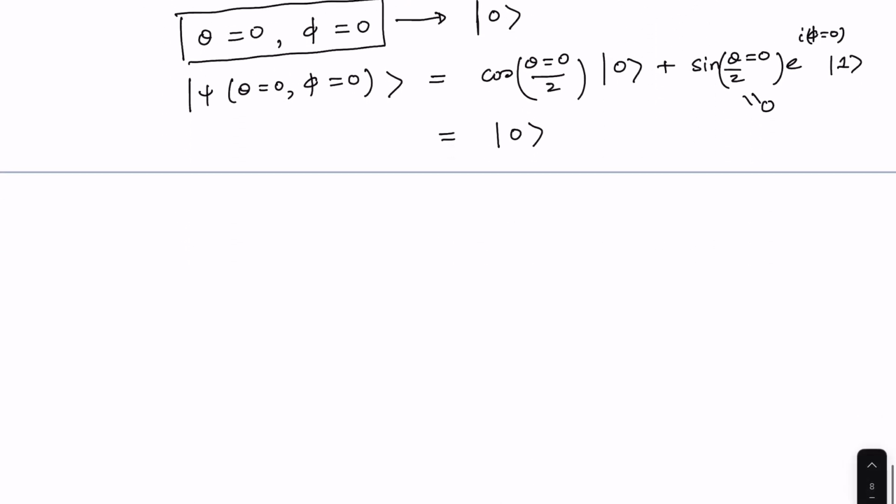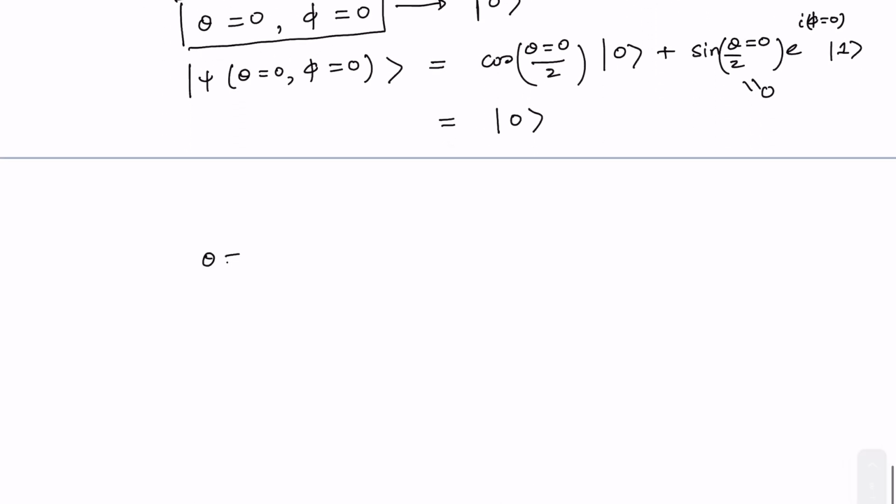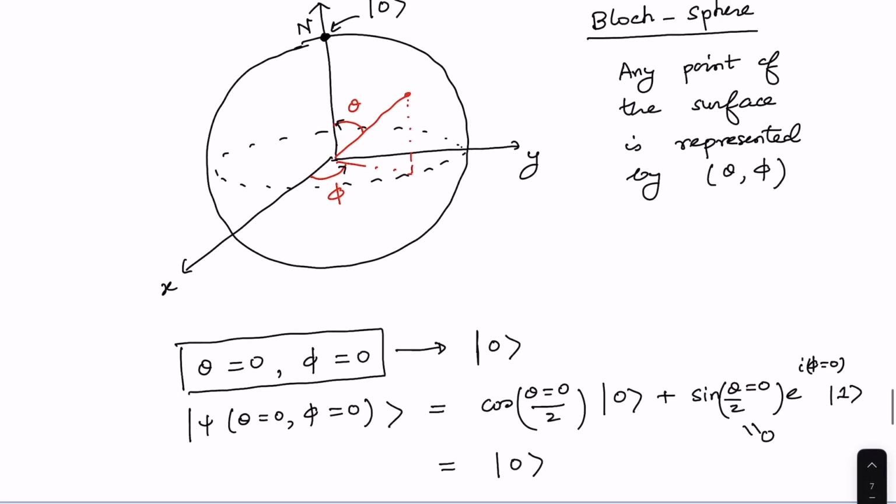And similarly, if I write theta is equal to pi and phi is equal to 0, this corresponds to this particular point opposite to the north pole, the south pole.